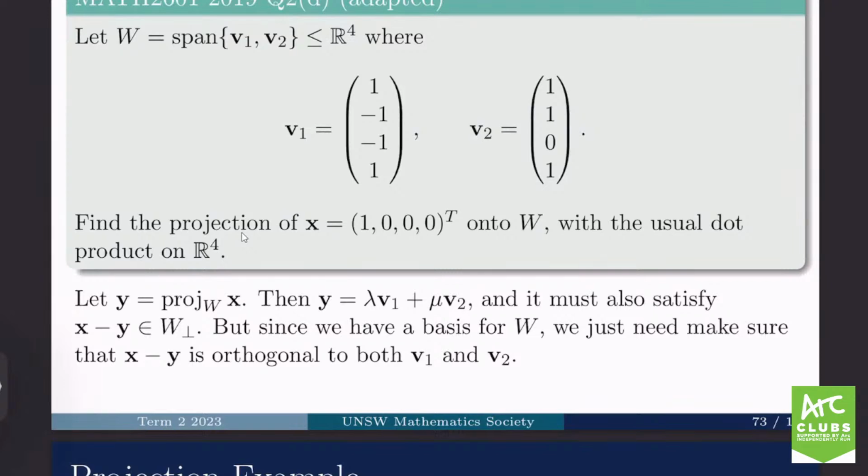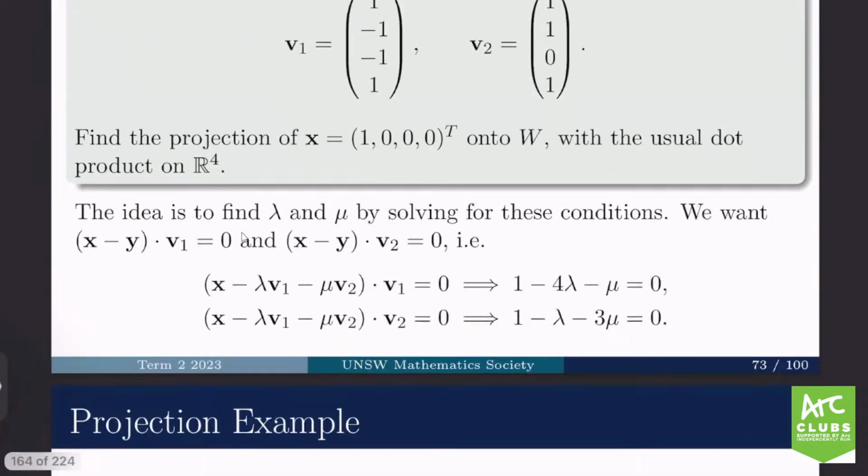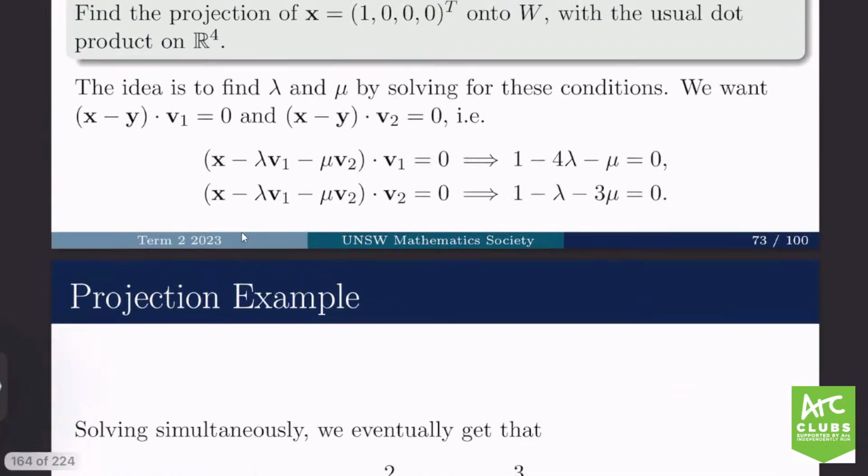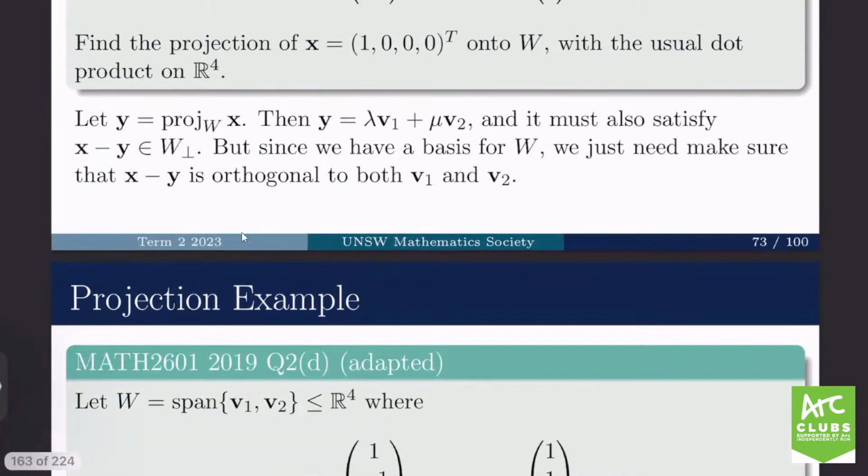So now we need to make sure that x minus Y is orthogonal to both v1 and v2, okay? So clearly if that's the case, then x minus Y must be orthogonal to v1, so that dot product equals 0, and x minus Y will also need to be orthogonal to v2, so that dot product will equal 0.